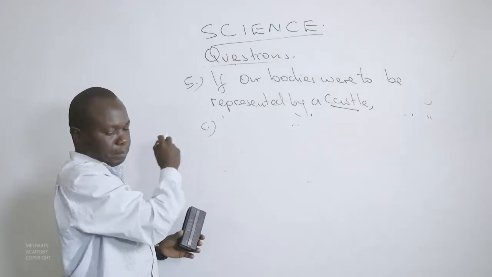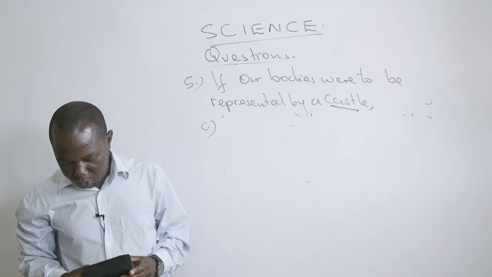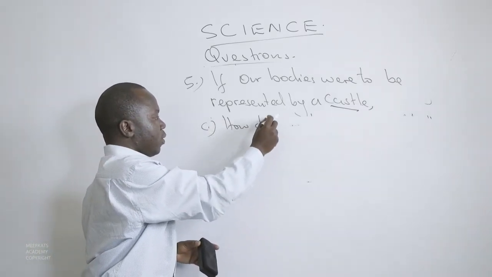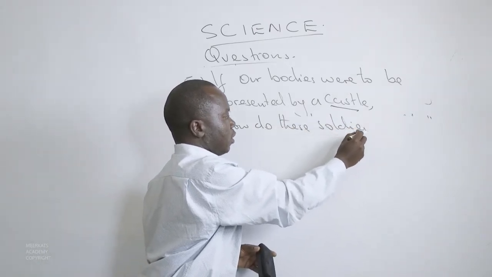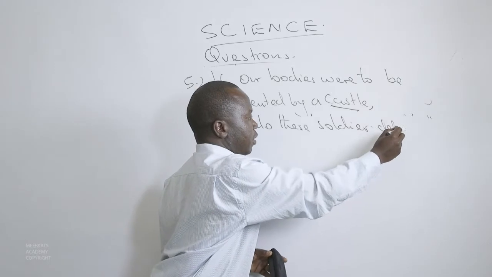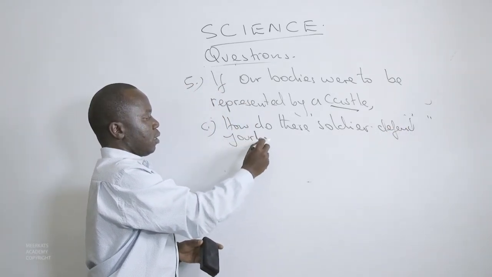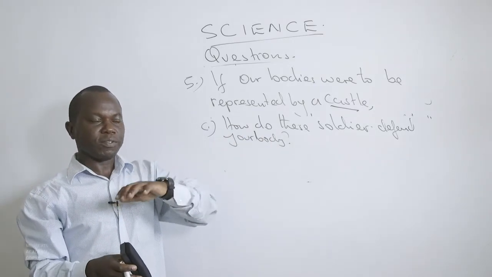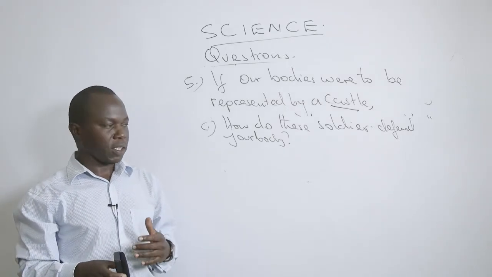We have different types of antibodies. Then the last bit of that question is, how do these soldiers defend your body? We have just mentioned that if they are phagocytes, they fight through engulfing and destroying.